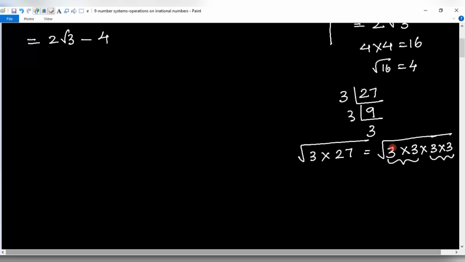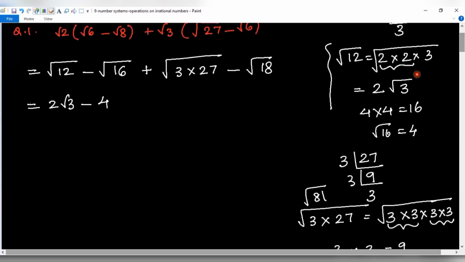From this first pair of 3's, we can take one 3 outside. From the second pair of 3's, we can take one 3 outside. So 9 is the answer, right? Or we can do 3 into 27, you will get just 81. So square root of 81 is same as 9. Like that also we can think. So this is actually 9.